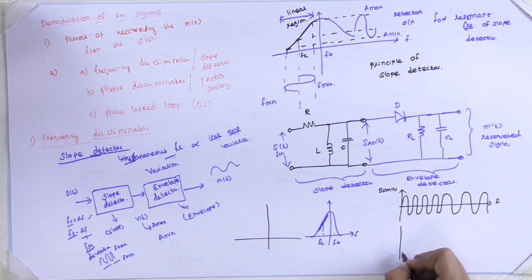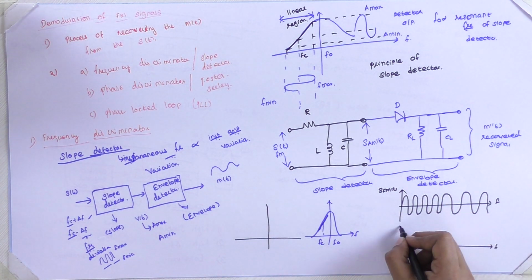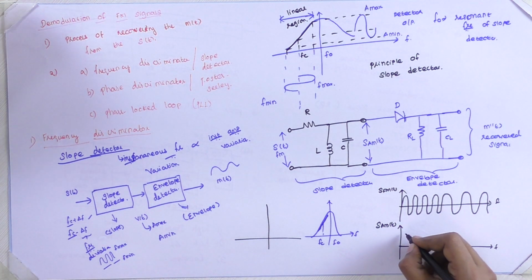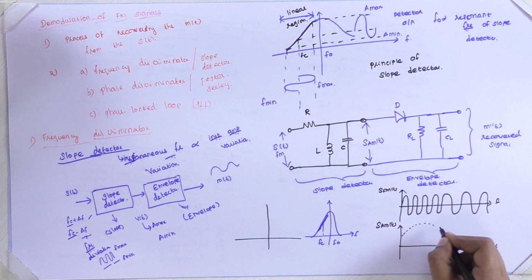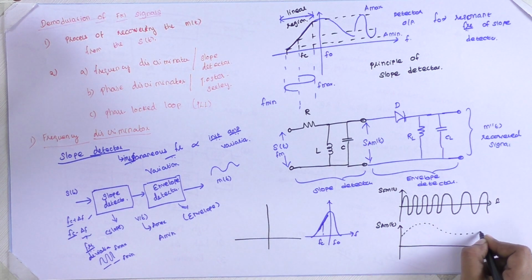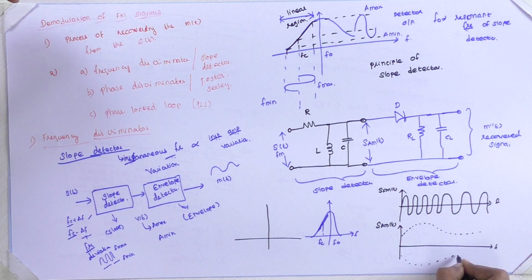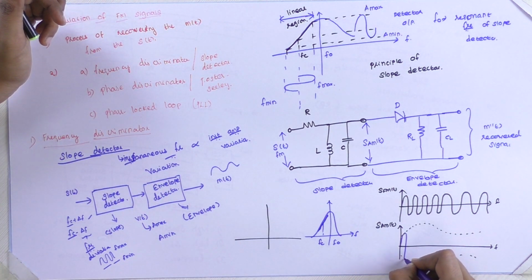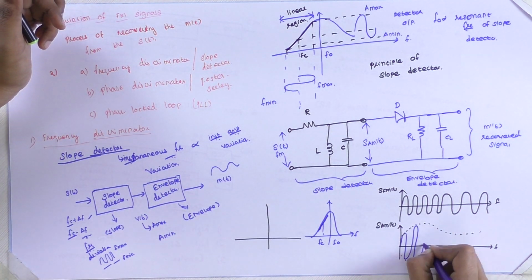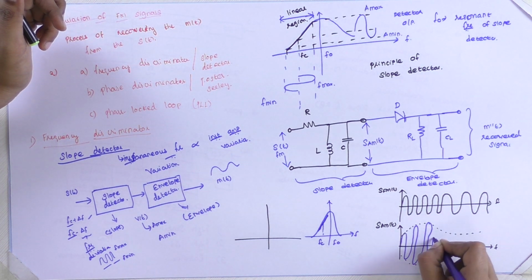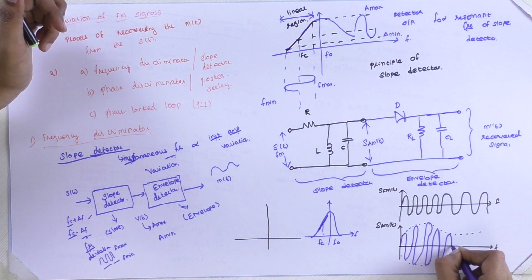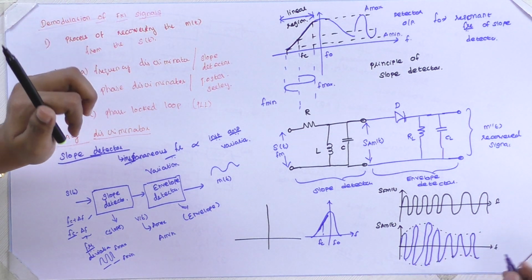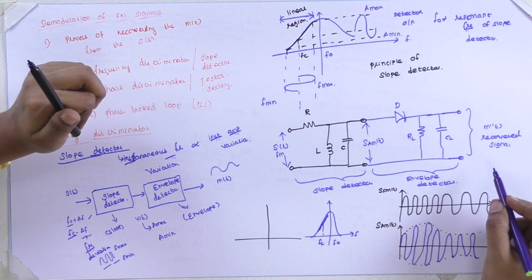So what will be the amplitude modulated wave corresponding to this frequency? Our amplitude modulated wave will go on like this. So this is our amplitude modulated wave. What is the purpose of the envelope detector?